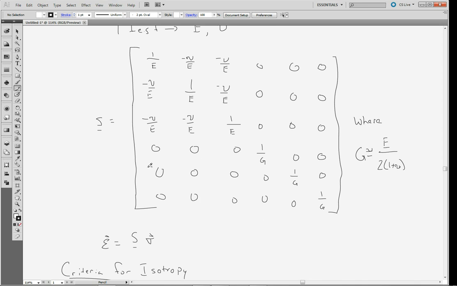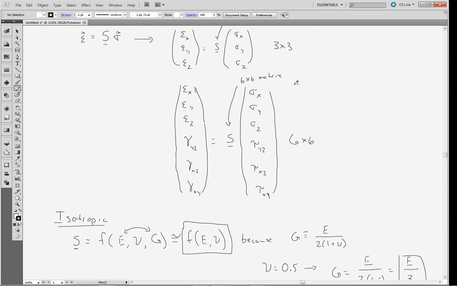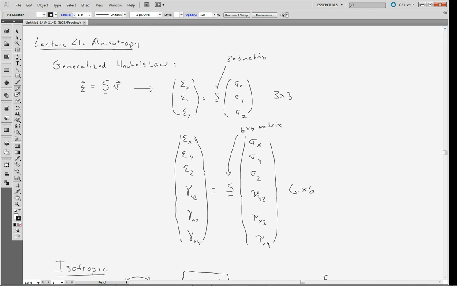Okay, so it's basically saying, if I have some macro scale shear, it's going to cause some shear strain at the elemental level, but it's not going to cause some normal strain at the elemental level. Same thing here. If I have some normal strain, it's not going to be able to cause some shear strain at the elemental level. Okay, that's relatively important.